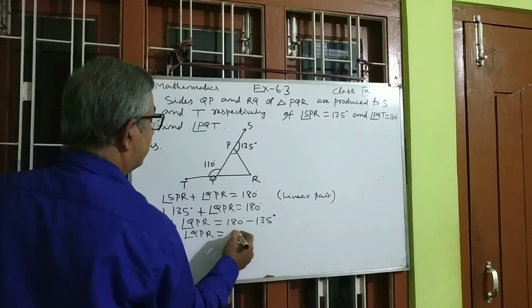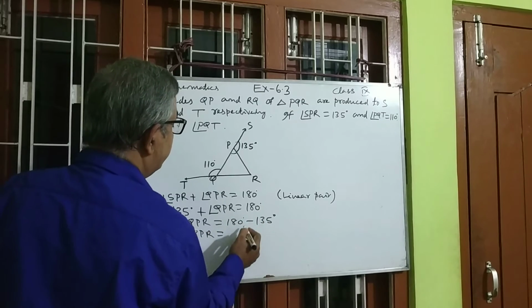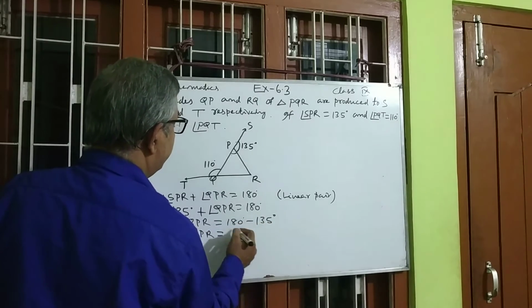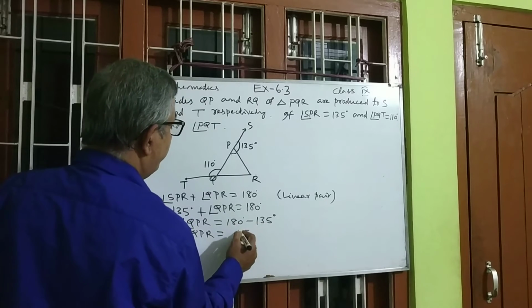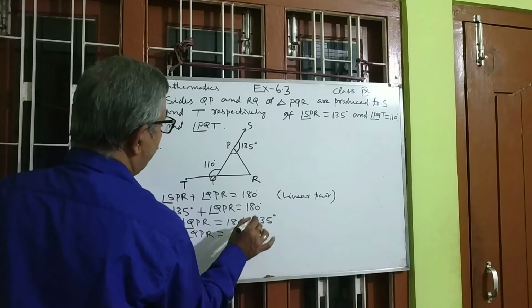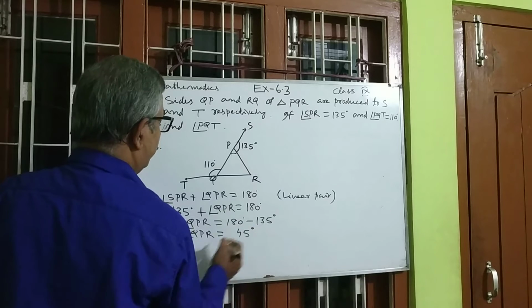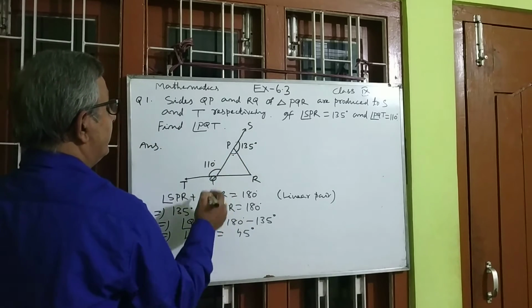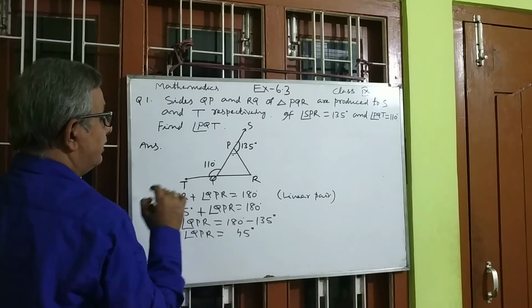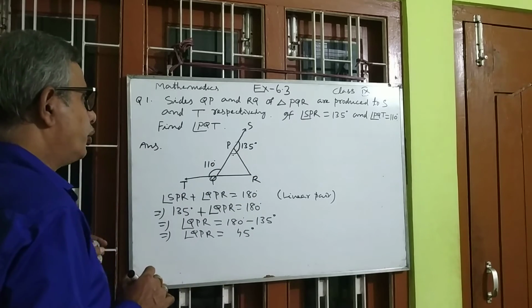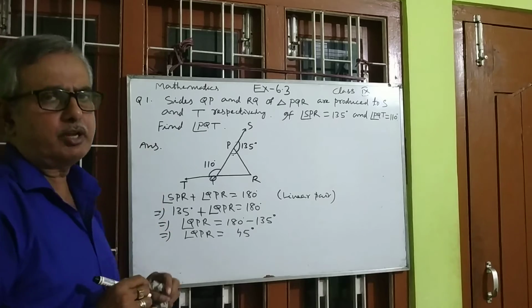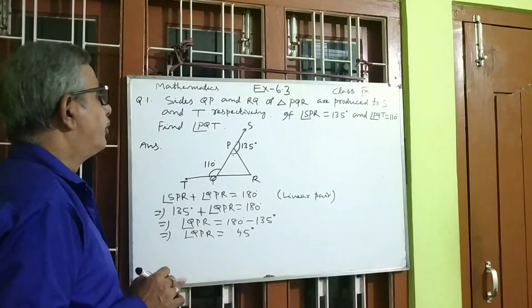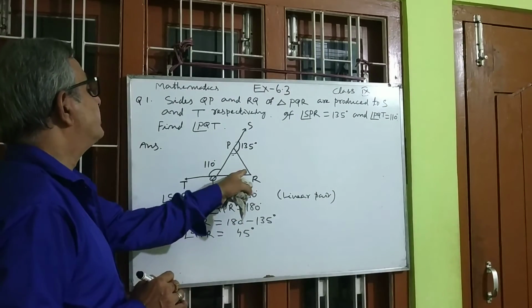QPR is equal to 180 minus 135, which is 45. So you got angle QPR as 45 degrees. Actually QPR was not asked in the question, but we require it.